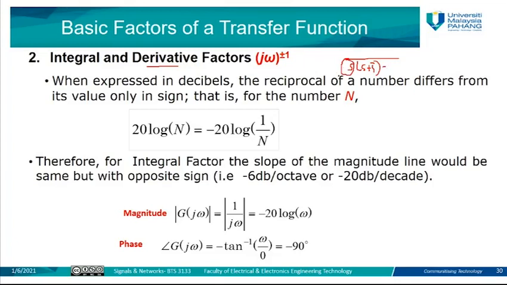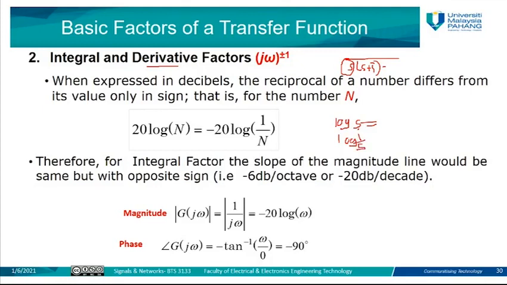So how can we draw the Bode plot for this pole? We need to represent the same equation, which is 20 log of the number here. For the normal operations of log, if you have log 5 and you have log 1 over 5, what will be the difference?